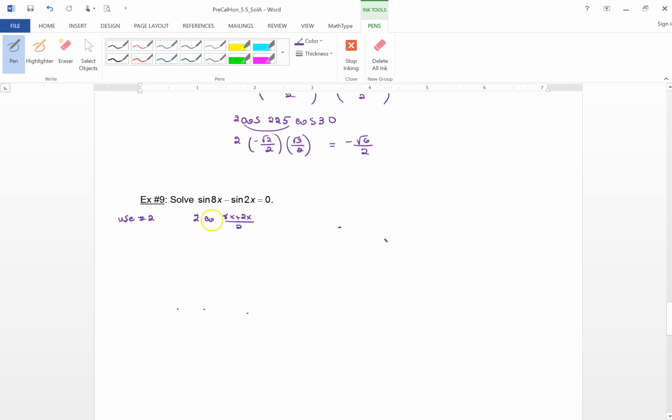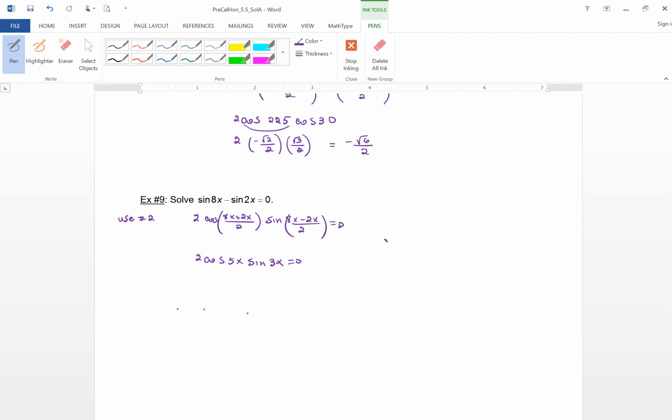And then sine (8x minus 2x) over 2. So this is 2 cosine 5x sine 3x. Oh, no. No, of course not, because this is an equation. So we set this equal to 0.